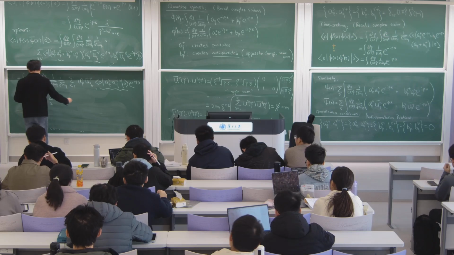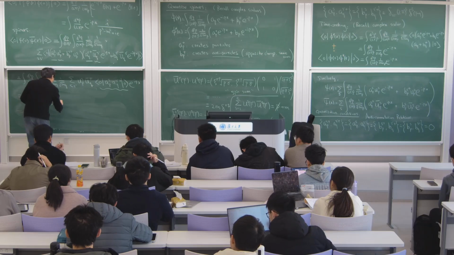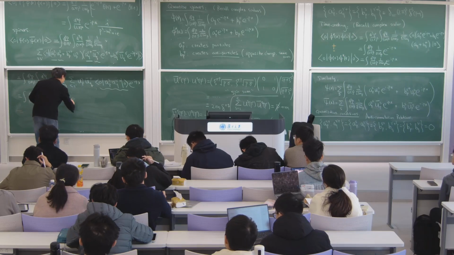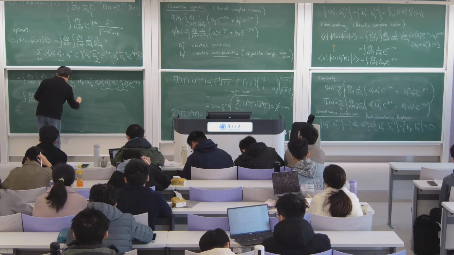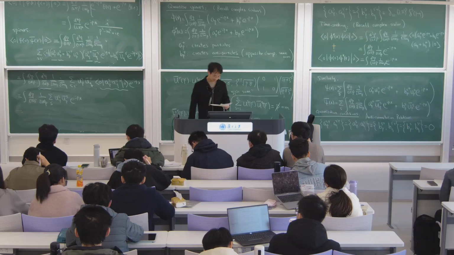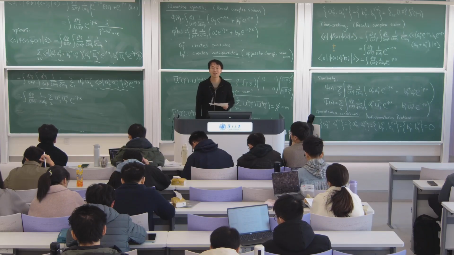There's a delta_ss', here's the s' sum. So there's u_p^s ū_p^s e^{ip·x}. Very simple result. That's what you get.